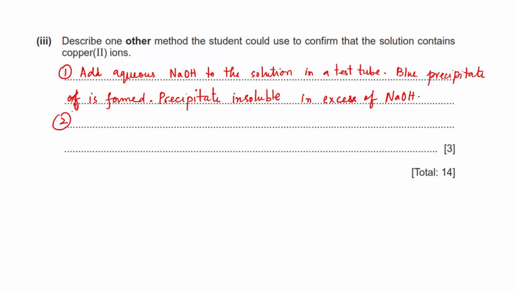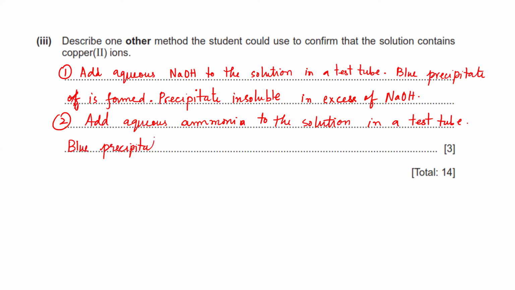Okay, part two, we say add aqueous ammonia to the solution in a test tube. Okay, again a blue precipitate is formed.